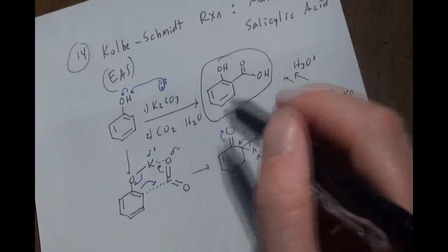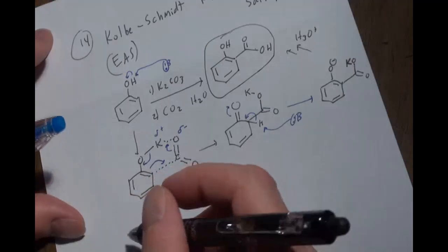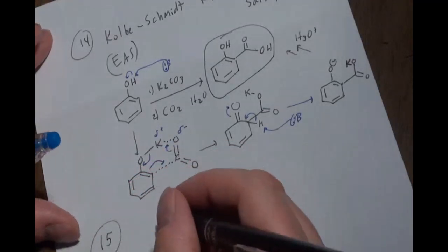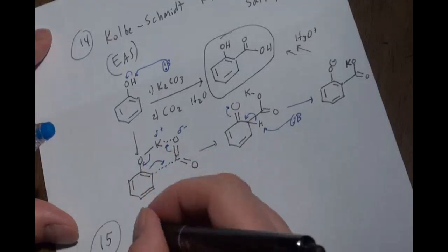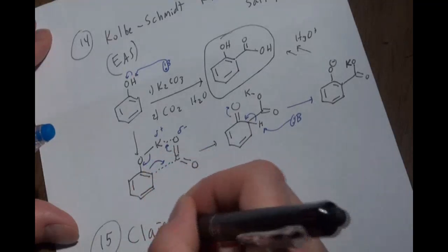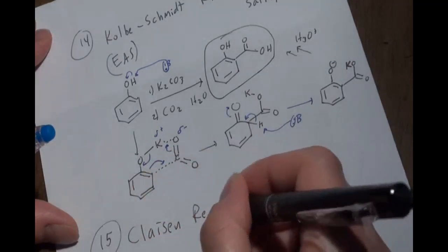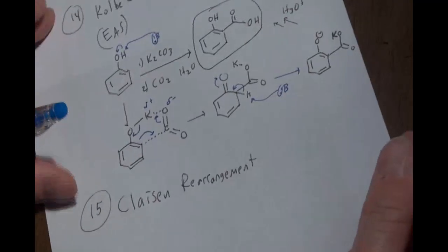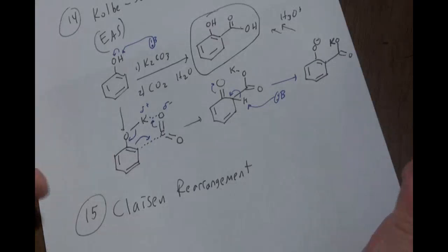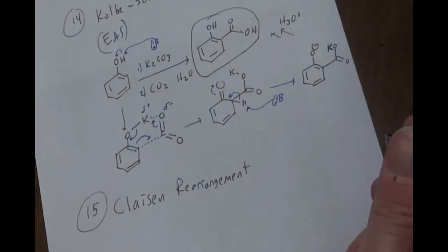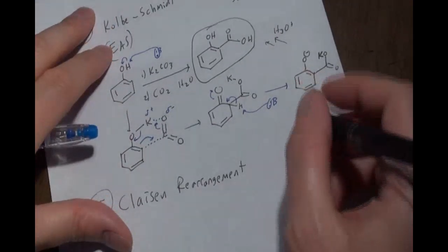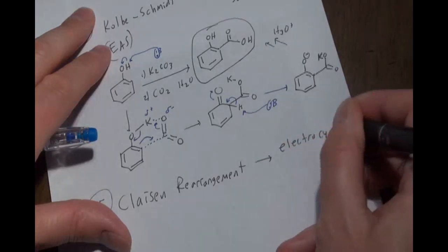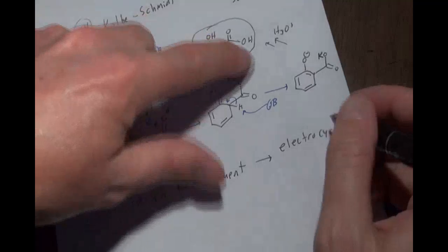Okay, all right, so then we have one more that's almost the same looking thing, and then we're done. Number 5. This one is called the Claisen Rearrangement. It'll be kind of related. It's not that bad. So it's good to just have these grouped together because they're sort of related. And this one is an electrocyclic reaction of benzene.